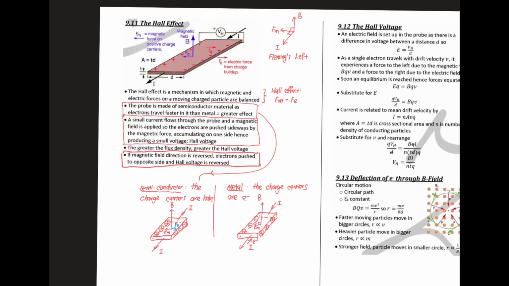Maybe we use some logic to think about it. I'm talking about a semiconductor. So in a semiconductor, the positive charge is pushed to the left, and if the holes, the positive charge, are pushed to the left, then the other side will become negative.